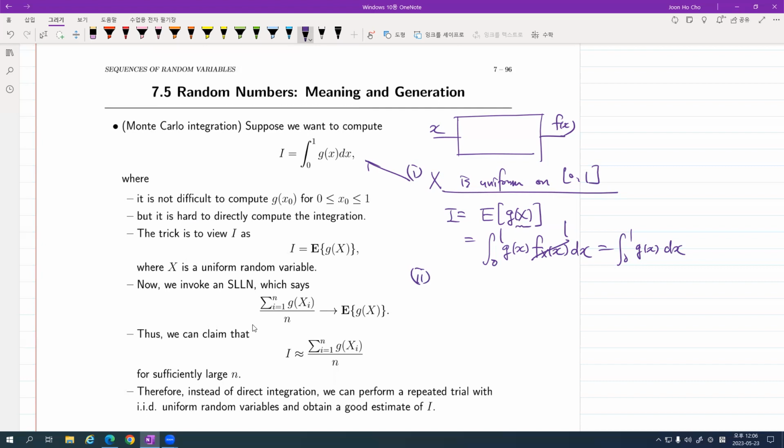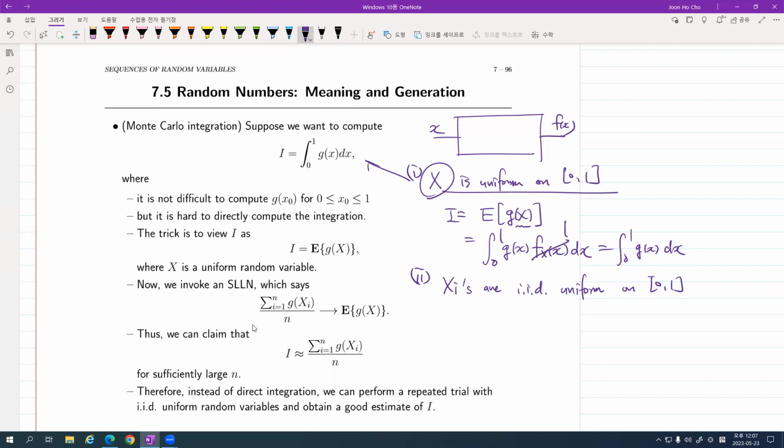However, we've learned what? The law of large numbers. So we know this, not just for a single one. Let's generate a sequence of random variables. That's not difficult, as long as you can use a random number generator.